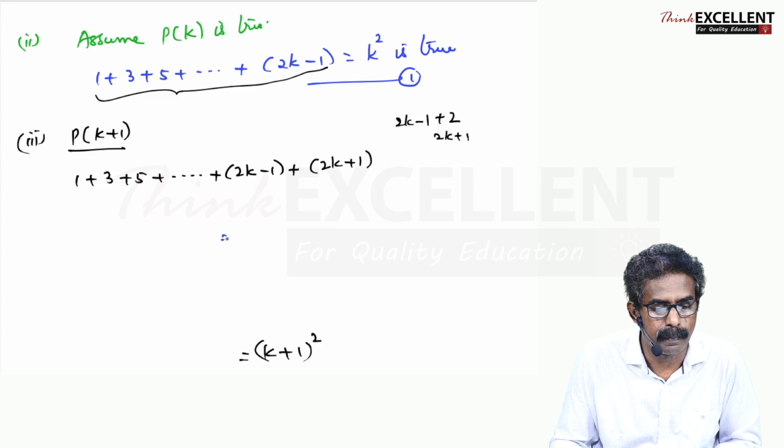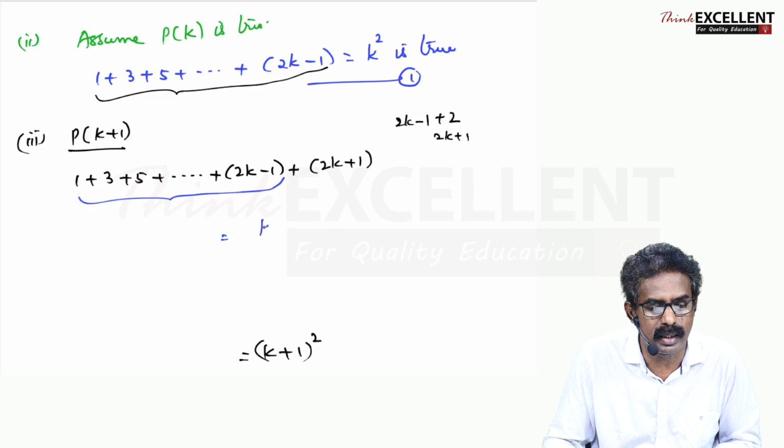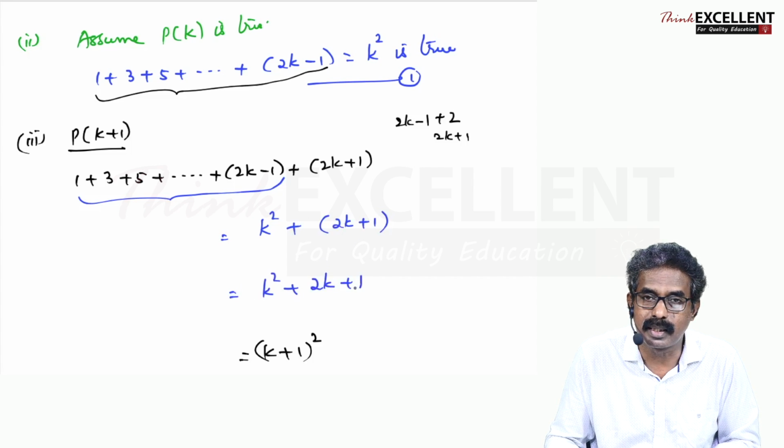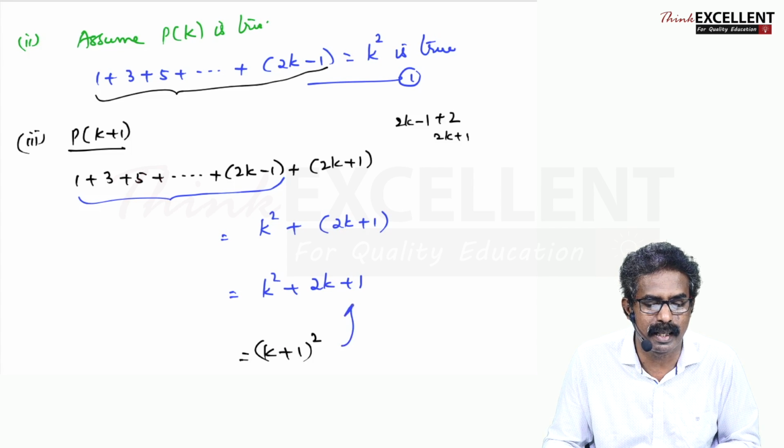Here, up to this, every sum is the same method only. Up to this, we assumed the answer is k square. Plus that extra term, 2k plus 1. So that is k square plus 2k plus 1. You got the answer? Yes, if you factorize, you will get k plus 1 square. Expand and see: a plus b the whole square is a square plus 2ab, 2 into k into 1, 2k, plus b square, 1 square is 1.